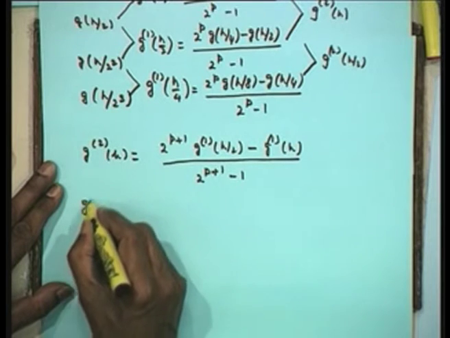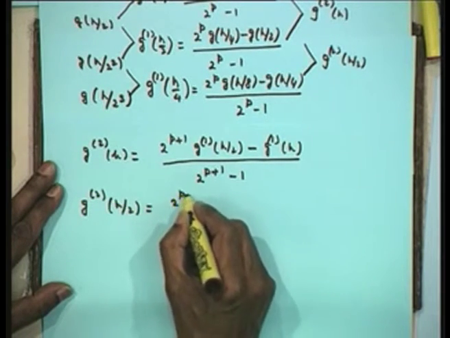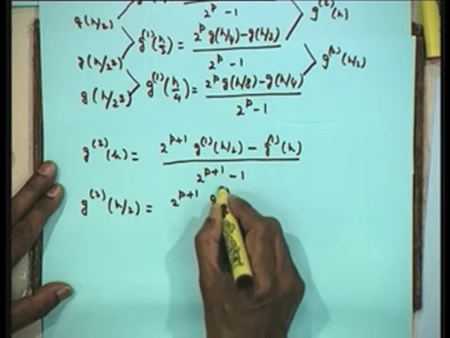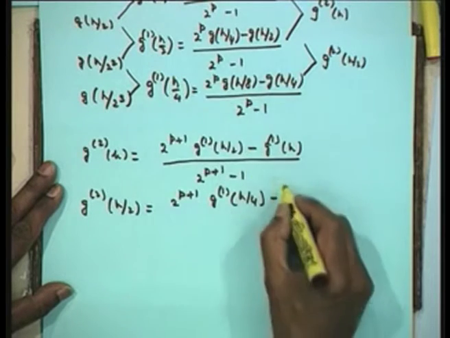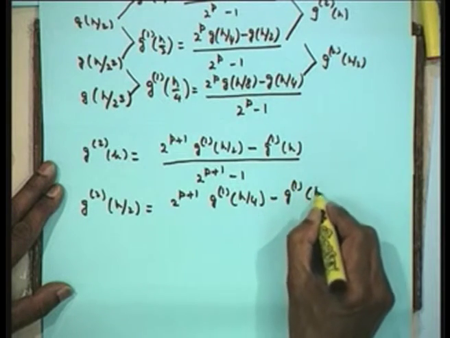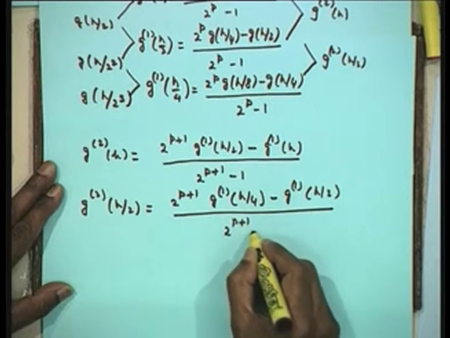And similarly, g 2 of h by 2 is 2 to the power of p plus 1 g 1 of h by 4 minus the previous value g 1 of h by 2, divided by 2 to the power of p plus 1 minus 1.